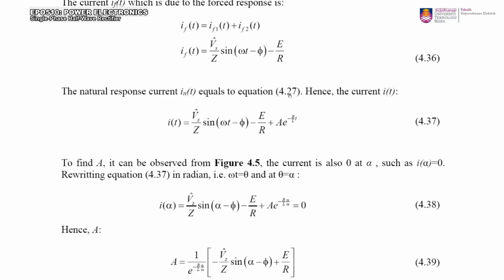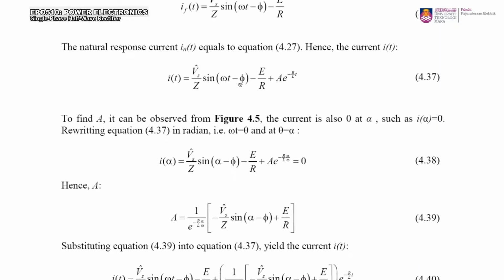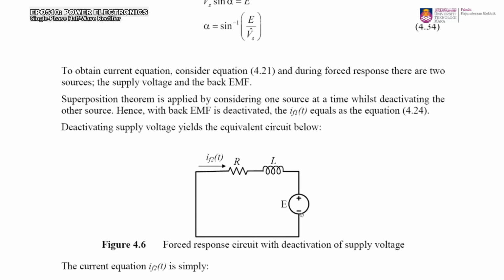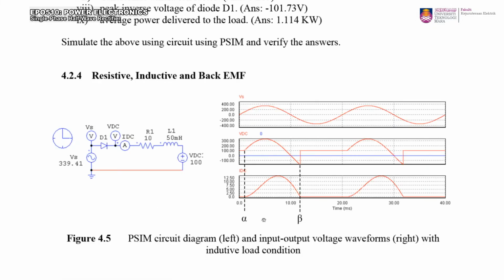So this is very similar to 4.27, the previous explanation done in the previous section. You just refer back, and you get the equation equals A e to the power of minus R over L t, and you combine. If you look at the waveform again, the current will be 0 at 2 points.